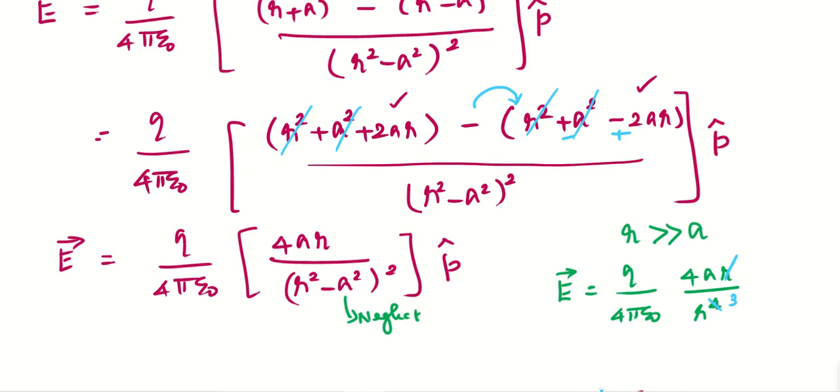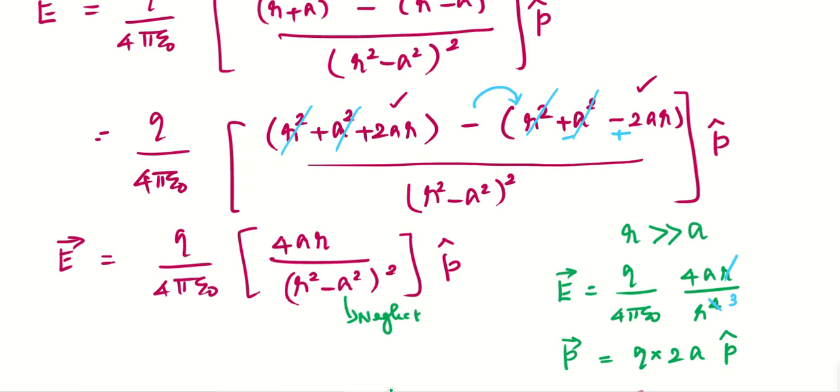Now, the dipole moment vector is defined as p equals q into 2a, unit vector, like this. So q into 2a is the p vector.